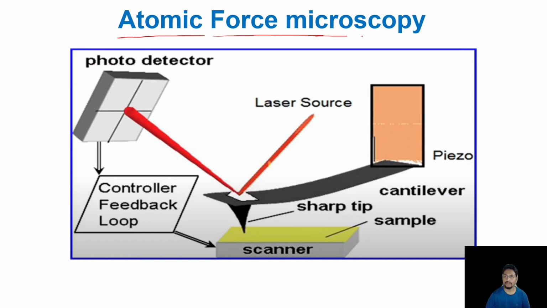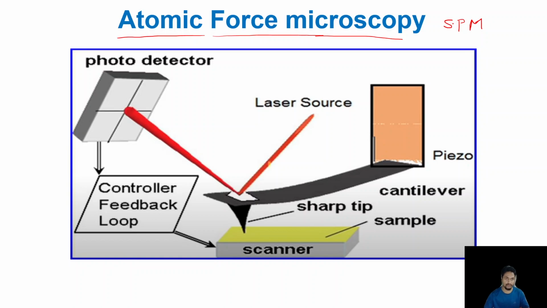Atomic force microscopy. So this is also a class of scanning probe microscopy, and we know extensively about scanning tunneling microscopy, which is also part of this scanning probe microscopy.